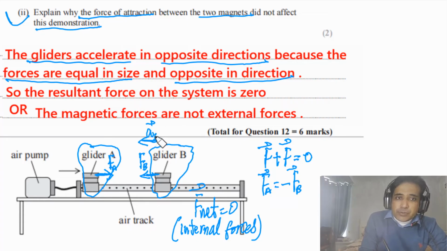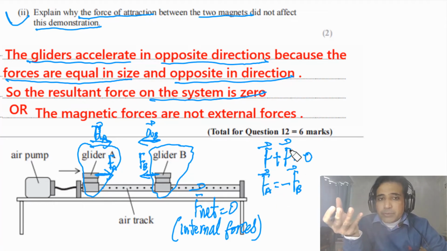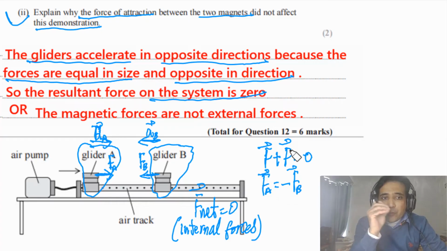So this is the acceleration of B and this is the acceleration of A. So the resultant force on the system is equal to 0. You can also say it in terms of forces, without talking about acceleration: the force on A and the force on B have equal magnitude but are in opposite directions. So the resultant force is equal to 0.